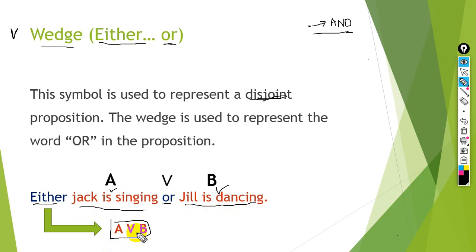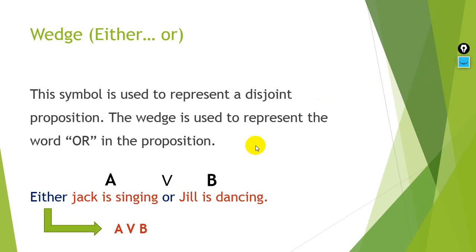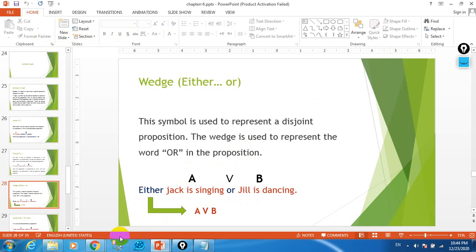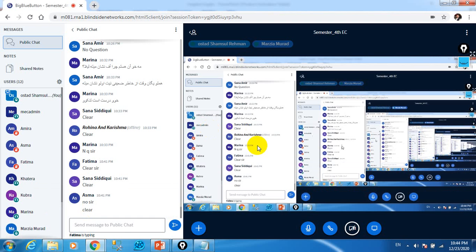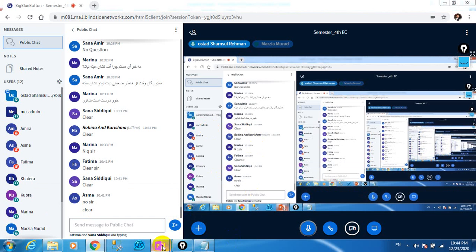A or B: either Jack is singing or Jill is dancing. So this is the symbol. Do you have any question? No sir, it's clear. Okay.